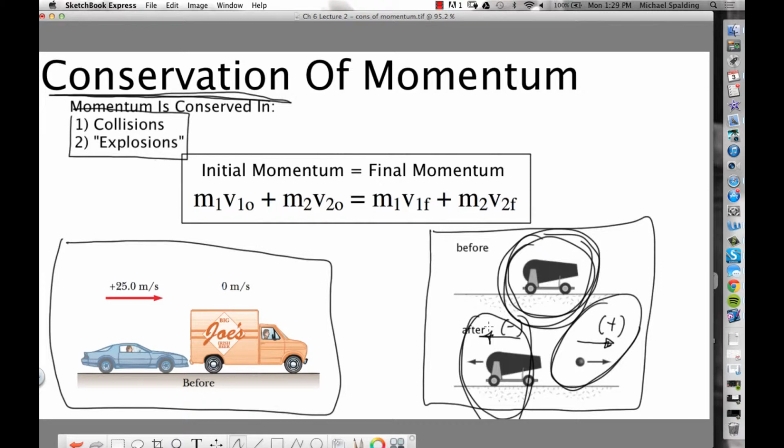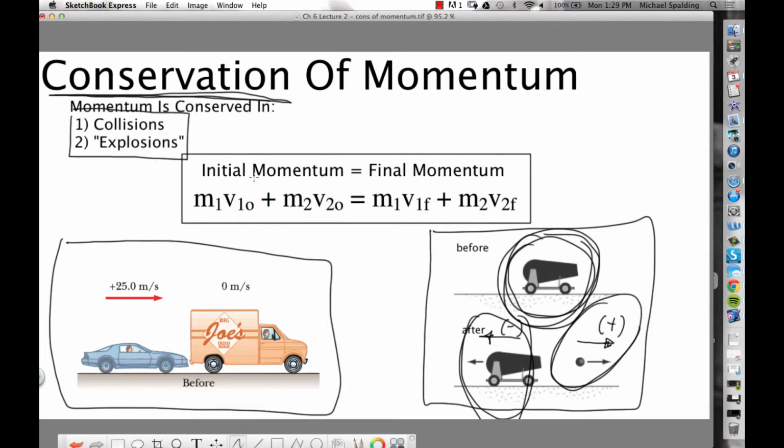Say two cars collide, one driver has their foot on the brake, the other has their foot on the gas pedal, so the wheels are still digging into the ground. If there's any force other than the force of the collision itself, then you can't do this. But don't worry, all the problems in the homework set will have no outside forces.